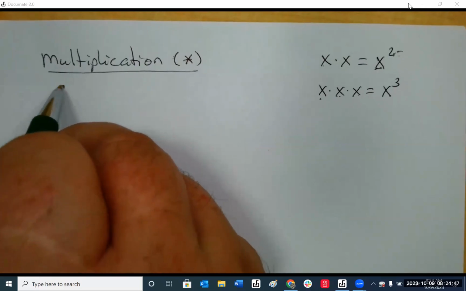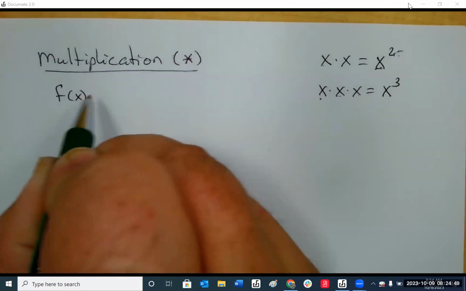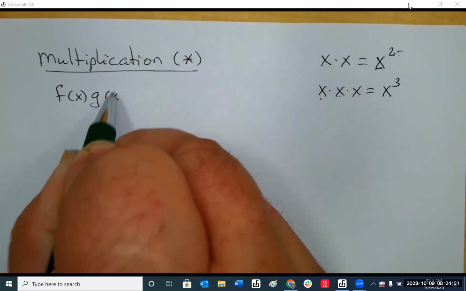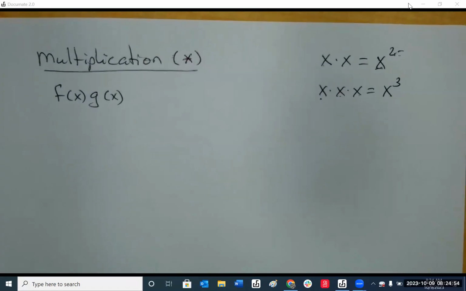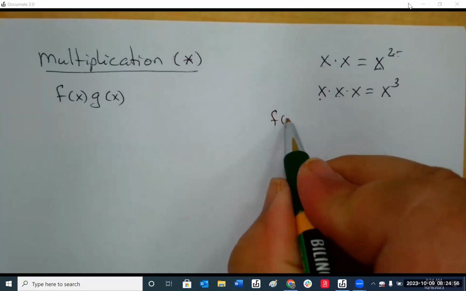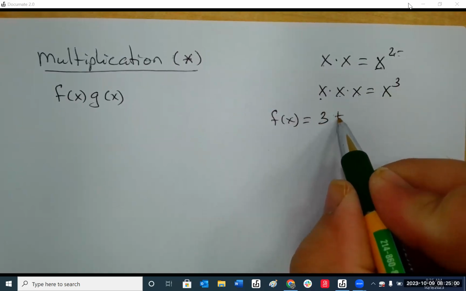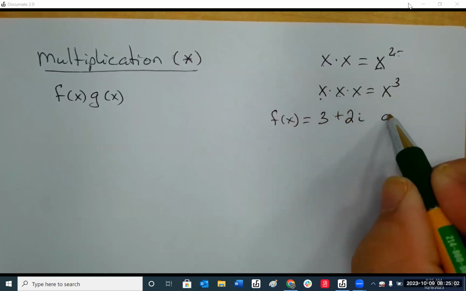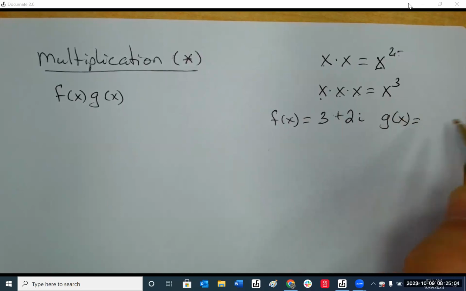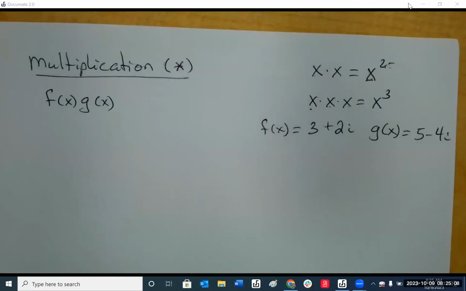So here, we're going to look at f of x times g of x. F of x was 3 plus 2i, and g of x was 5 minus 4i.